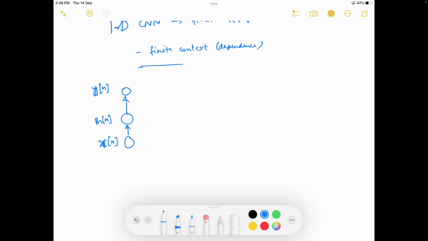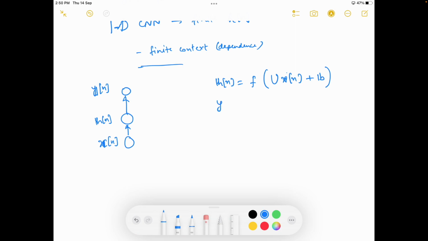Okay, anyways. So where is the concept of recurrence coming in? Okay, let me write the equations first. So what are the equations here? My h of n is equal to a nonlinearity of U x of n plus some b.